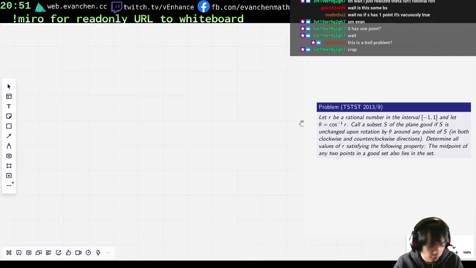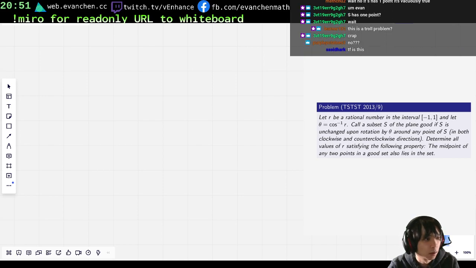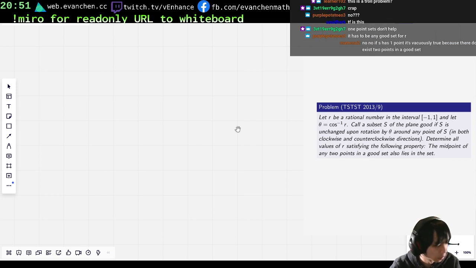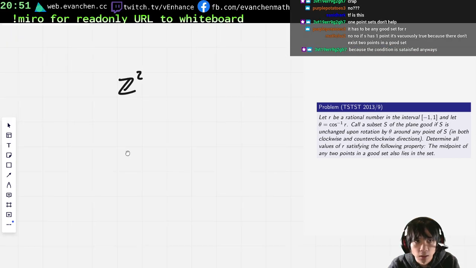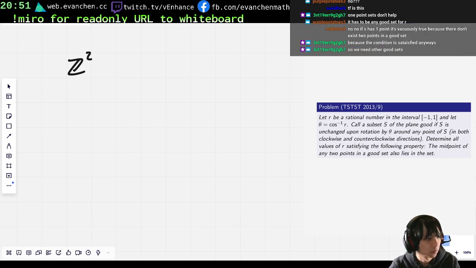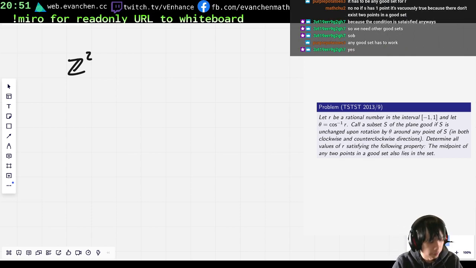What is my board doing? Oh my god. Okay, let's try that again. So if I'm thinking, if s is equal to z squared, let's look.